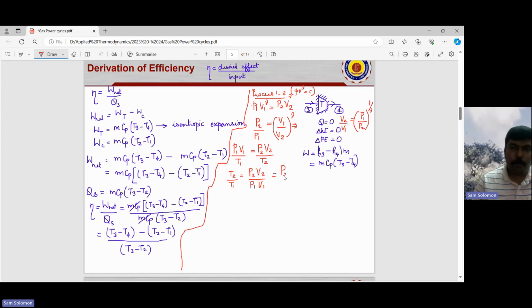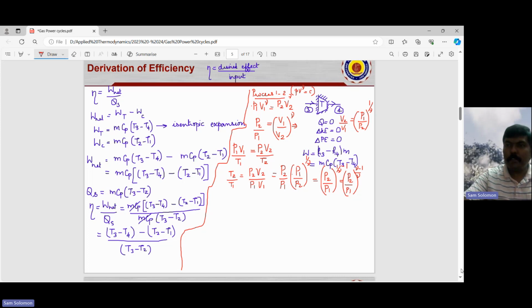So we already have P2 by P1 over here multiplied by (P1 by P2)^(1/gamma). So that is going to be P2 by P1. If I add the powers, P2 in the numerator has got the power 1, and in the denominator has got 1 by gamma. If I take it to the numerator, then I have to subtract, so it is (P2 by P1) to the power (gamma minus 1) by gamma.